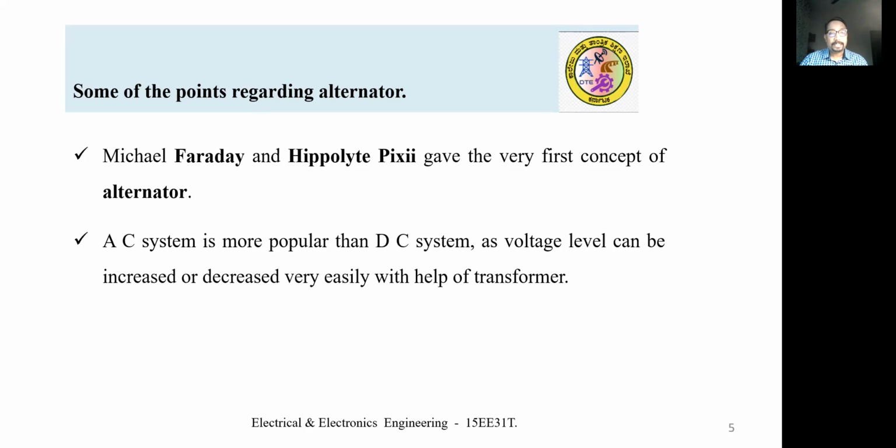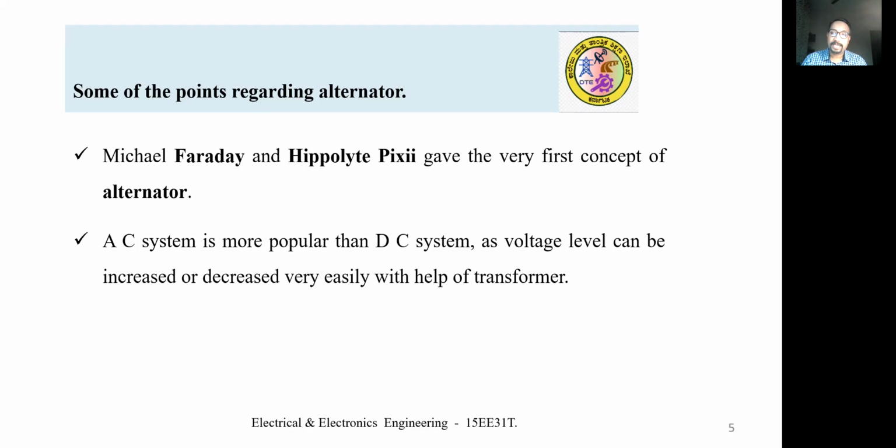Next, in our lower semesters, that is first and second semester, we learned the major advantages of the AC system over the DC system. Here I am going to highlight the most important advantage of the AC system. The major advantage of AC over DC is that we can raise or decrease the level of the voltage as per our requirement in the AC system.